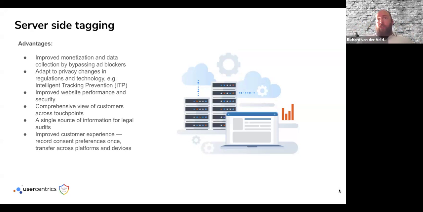Since now the ball is in your court, you're not as dependent on Google or the other browser manufacturers to change the rules, because I think it was Safari that first started off, okay, now suddenly cookies that were normally persistent, which means they just stuck around for a long time, were suddenly reduced to 7 days, which was a major annoyance, because in terms of a cookie ban, that meant every single week you had to go, yes, I accept cookies, until you at some point got consent fatigue, and then just start saying no, no, no. Horrible. And you can get around that with server-side tagging.